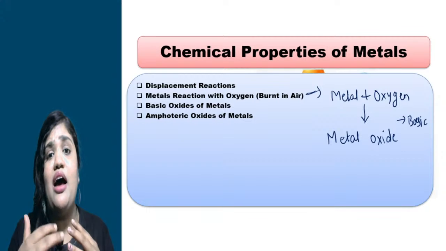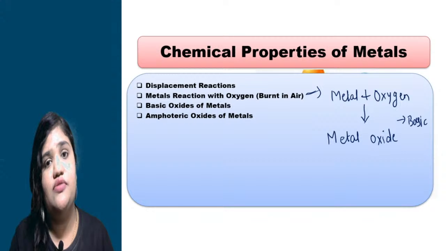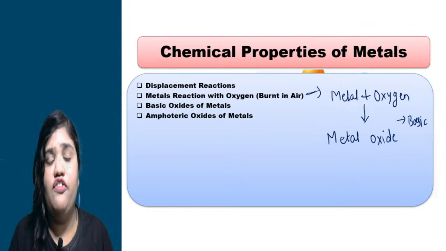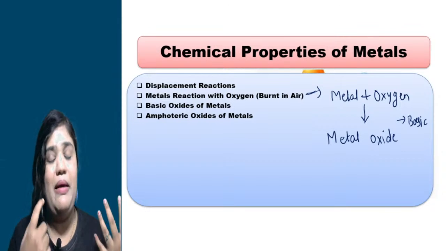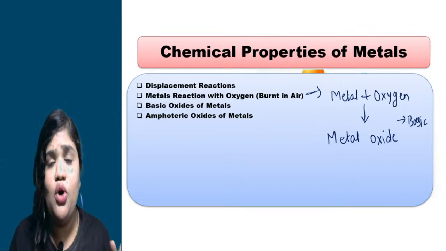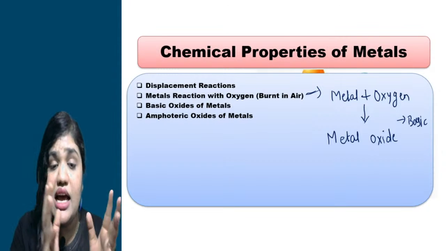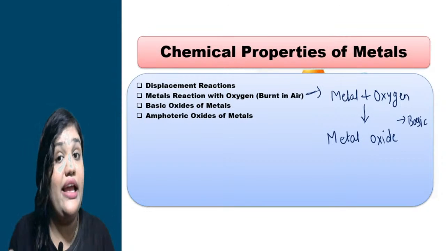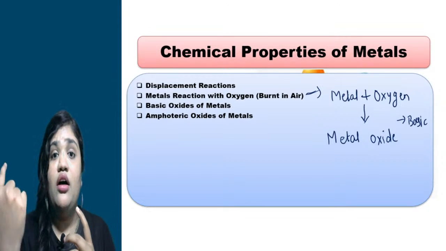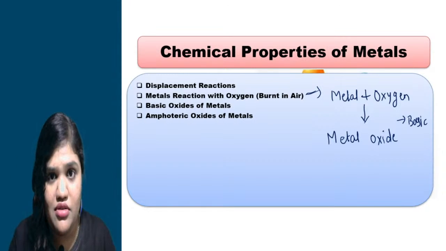But there are some other metals which do not show any kind of reaction with oxygen or air: silver, gold, platinum. Magnesium, aluminium, zinc, lead are metals which show a slow reaction with oxygen or air and form a protective layer around them to prevent corrosion.